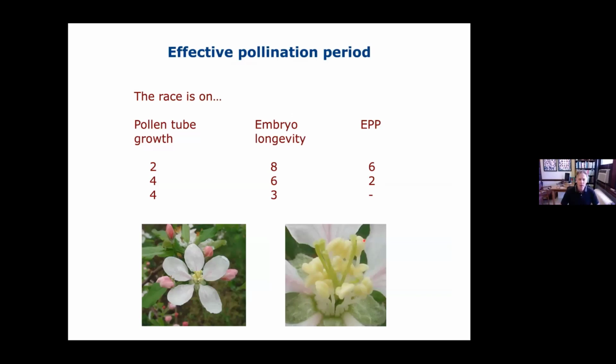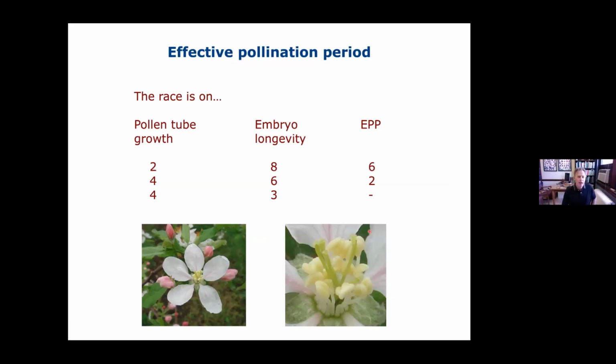So the pollination period is very critical. After flowers open and they get pollinated, that ovule is only receptive to pollen for a certain period of time. And so really the pollen has got to reach that ovule while the ovule is still receptive.